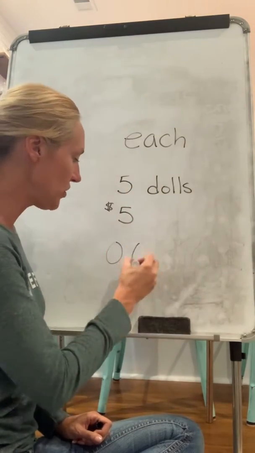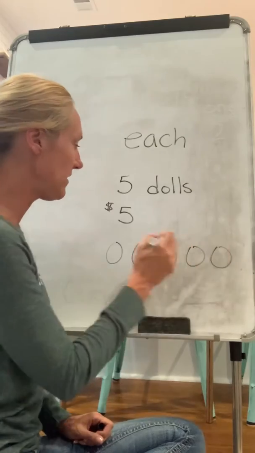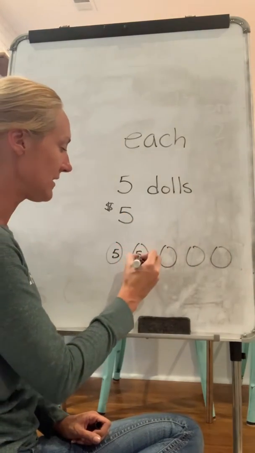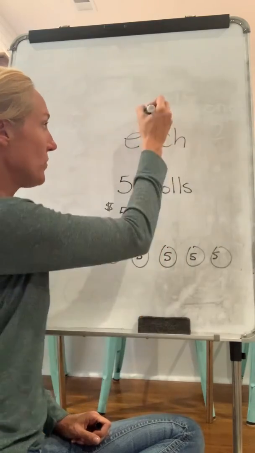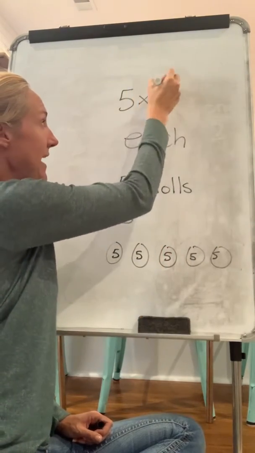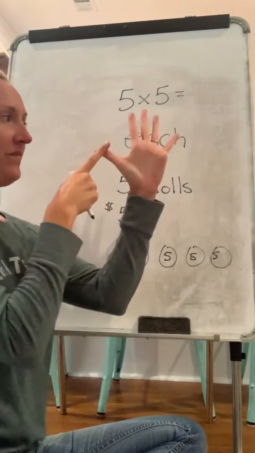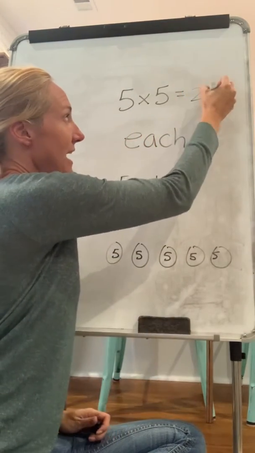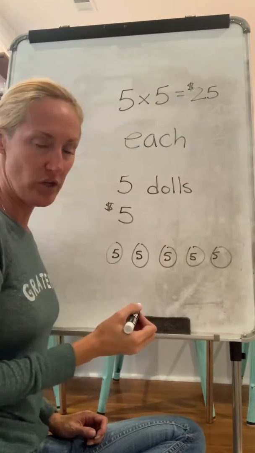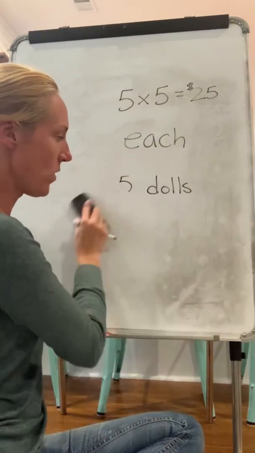I have 1 doll, 2 dolls, 3 dolls, 4 dolls, 5 dolls. Each one is $5. So I have 5 groups of 5. 5, 10, 15, 20, 25, $25. Great job.